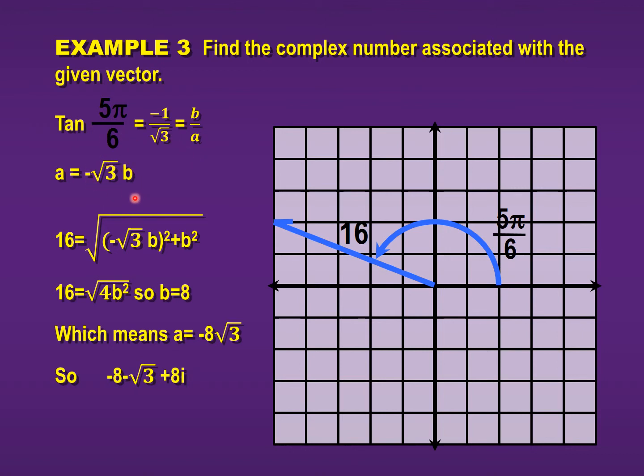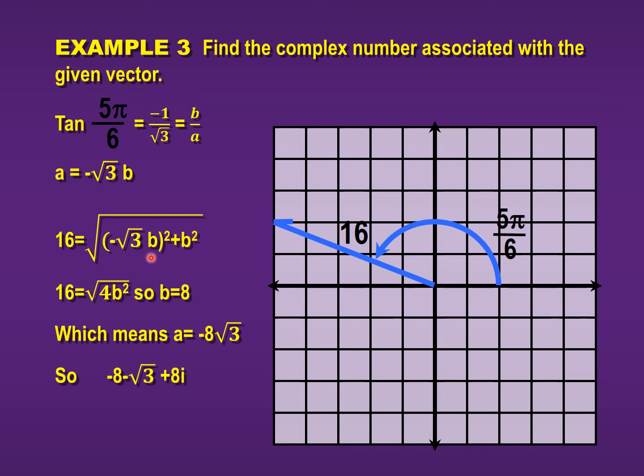However, I do know that my modulus is r equals the square root of a squared plus b squared. I know my r. This magnitude is 16 equals the square root, and I know that a is the same as negative square root of 3 times b. So instead of saying a, I'm going to write the negative square root of 3 times b, squared, plus b squared.